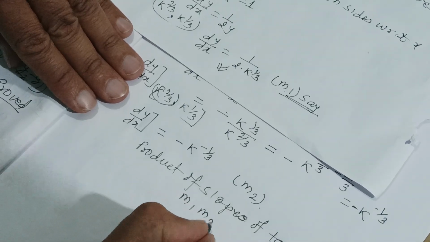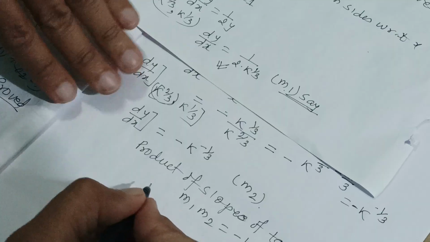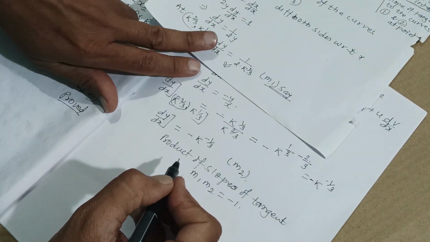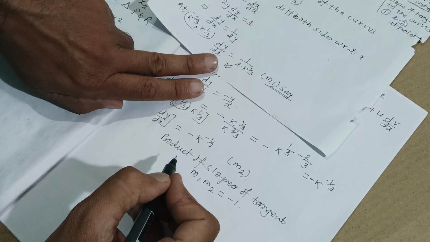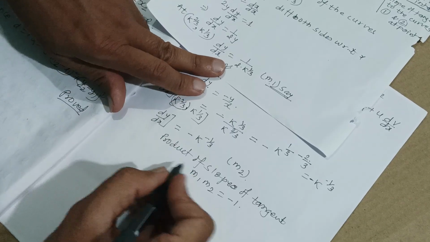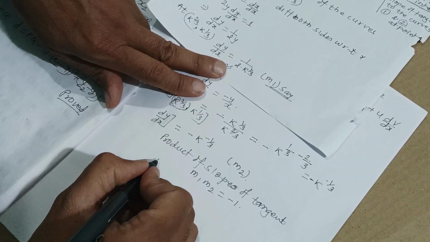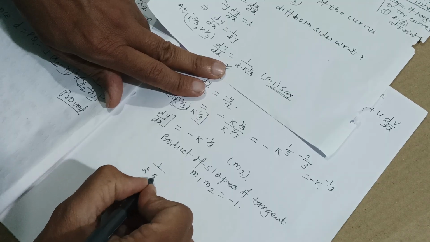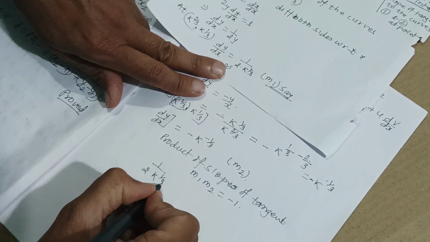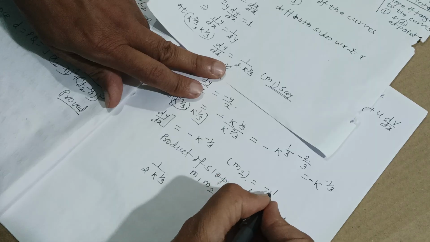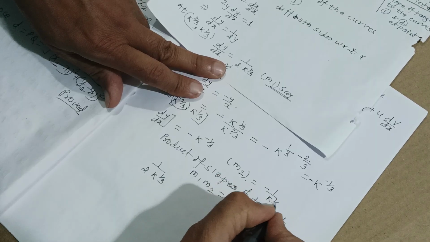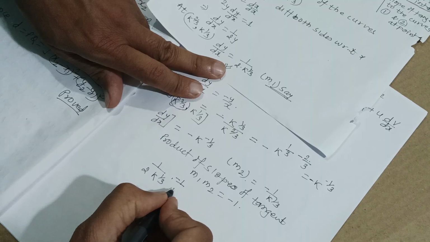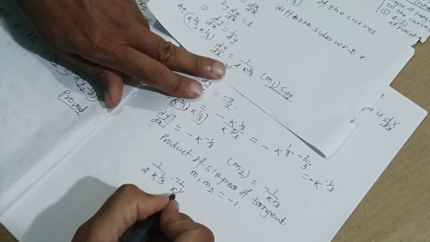So m1 into m2 is equal to, the first slope we got is 1 by 2 into k to the power 1 by 3, and the second slope is minus 1 upon k to the power 1 by 3.